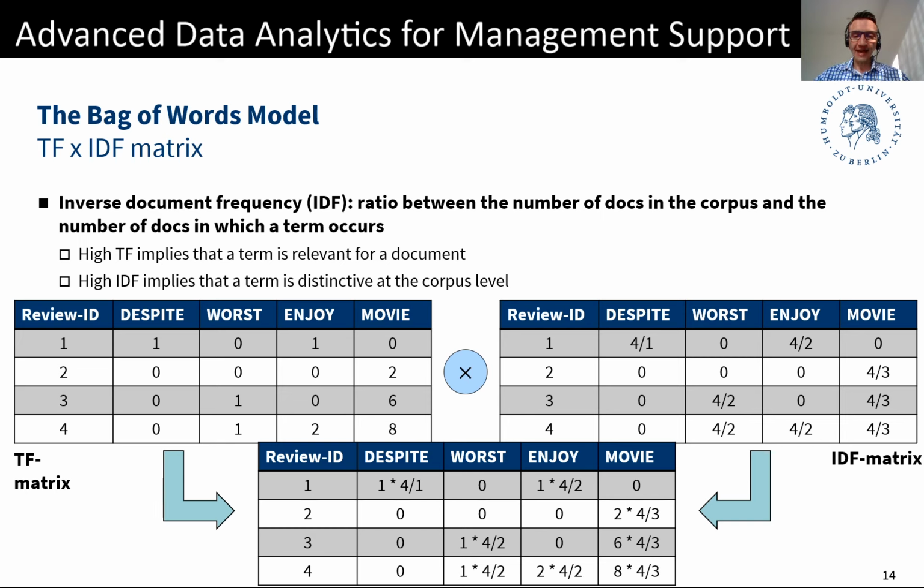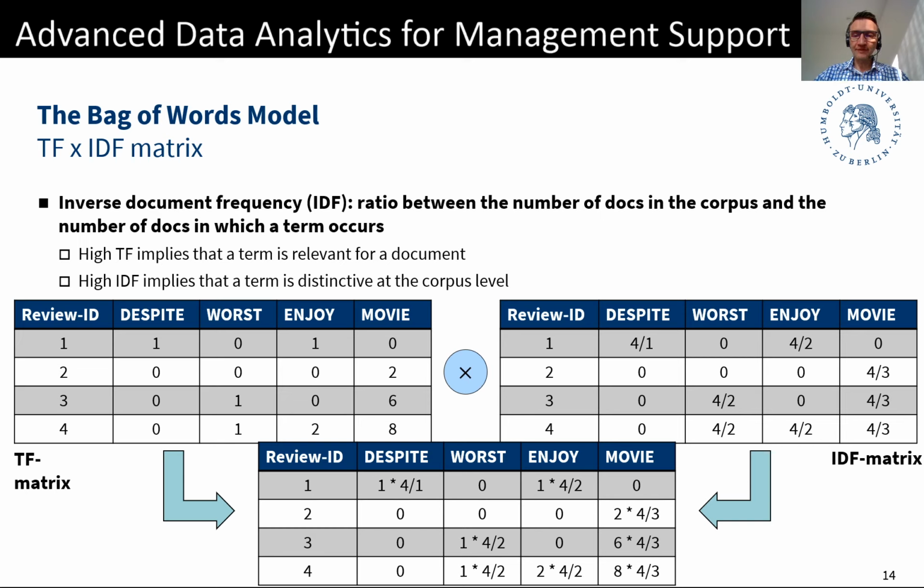And the idea of the IDF scores is that you take account of the fact that frequent words often show up in a document simply because they are frequent.